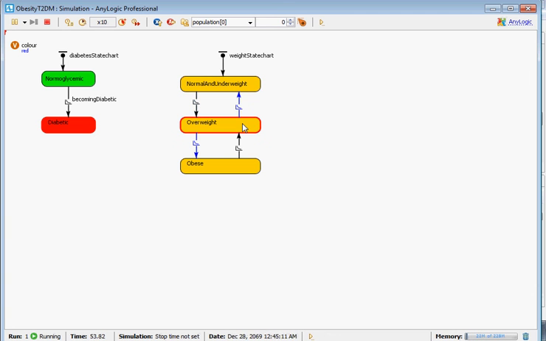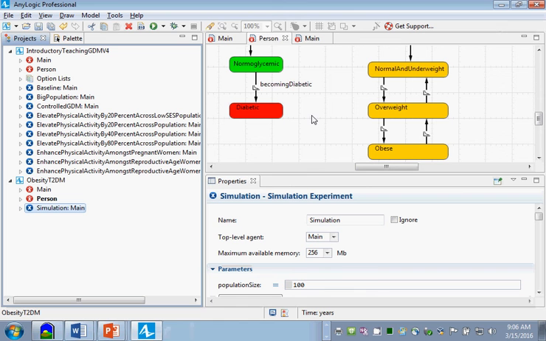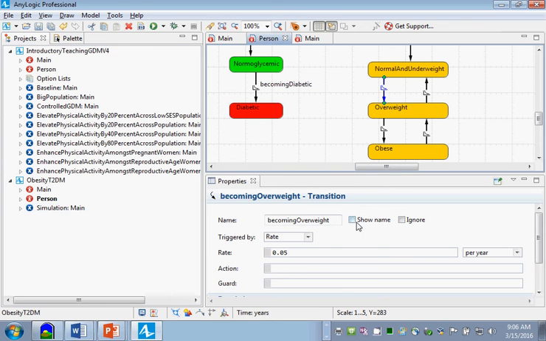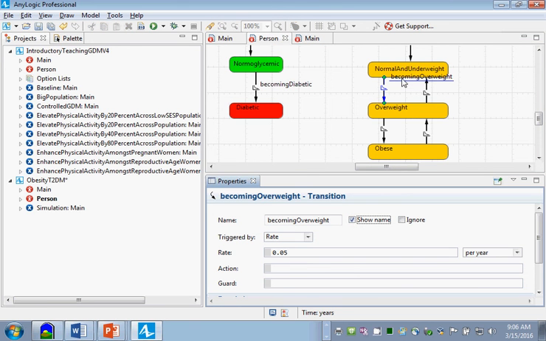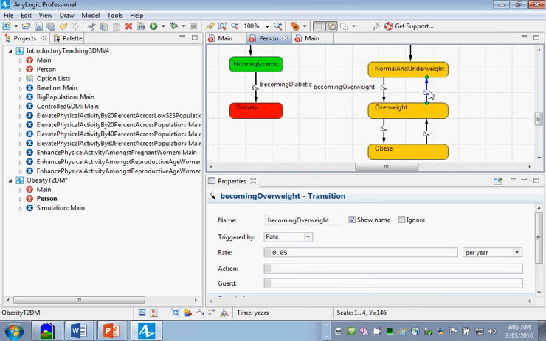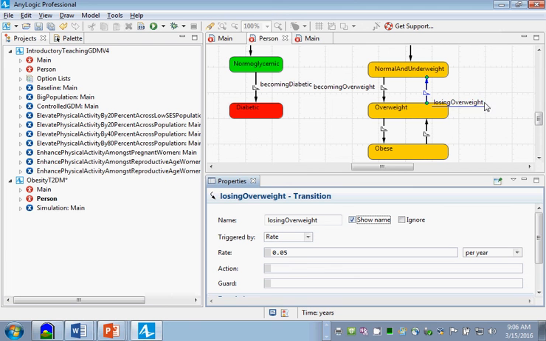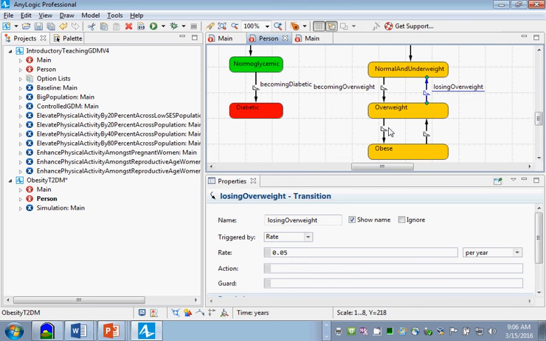And it's really useful information when this person will leave that state. The issue is we haven't shown the name. With show name comes information about when it will transition. So for each of these transitions, I'm going to show the name. It's one more motivation for showing the name.